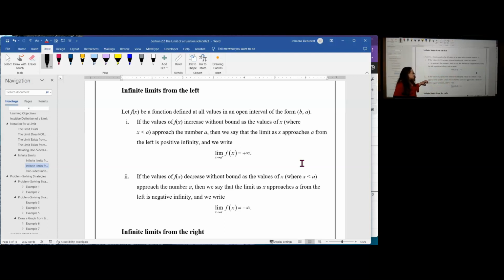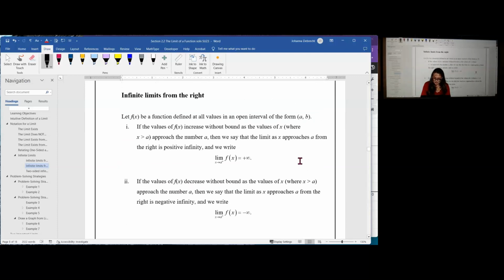This basically means that all of the y values are increasing without bound as we get close to a from numbers below a. If the values decrease without bound, as the values of x get close to a from the left, we say it goes to negative infinity. These are one-sided infinite limits. Again, it's approaching a finite value. They're not limits at infinity.